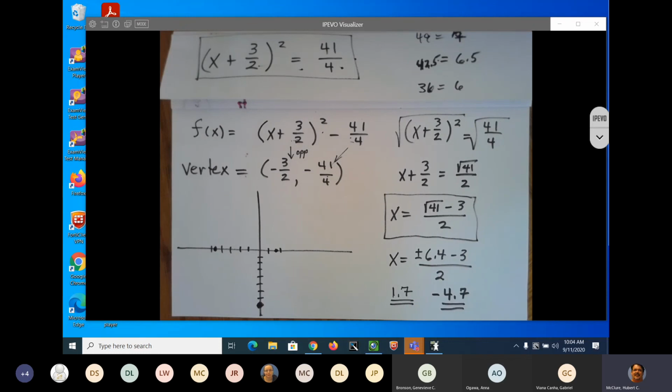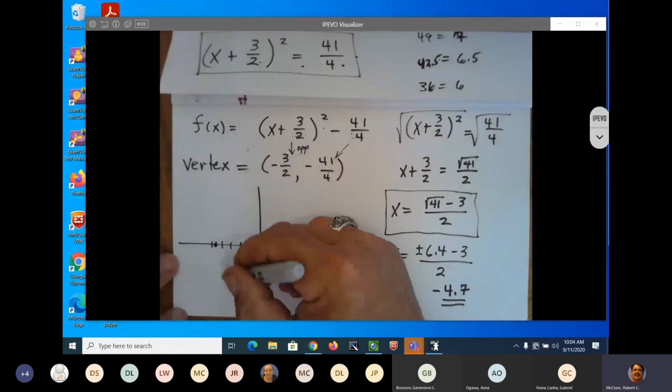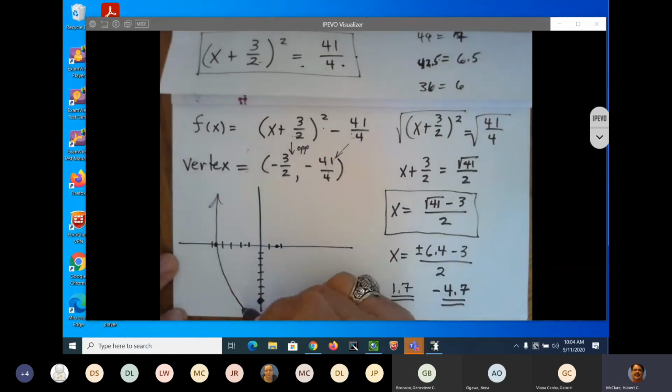And my vertex is -3/2 and -10 1/4. And this is my parabola.